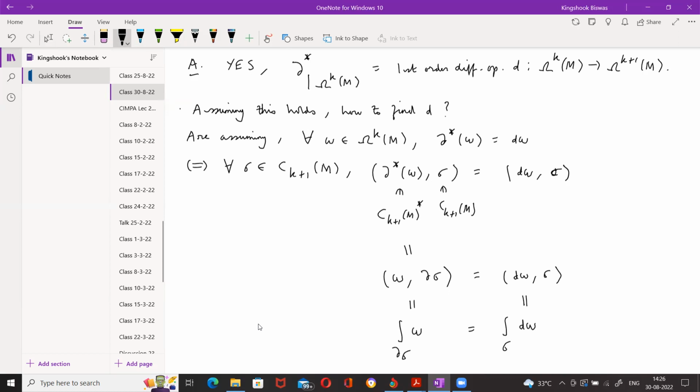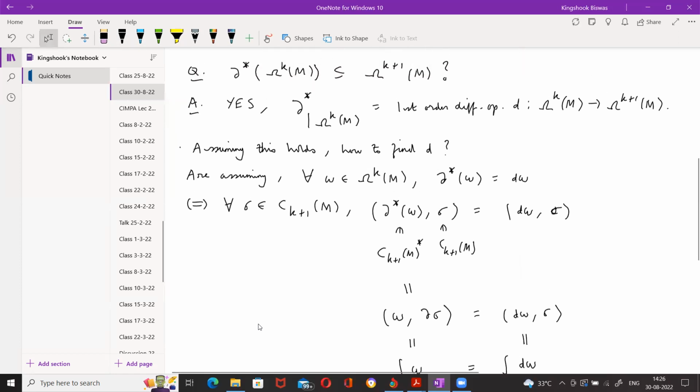This is Stokes' theorem. Stokes' theorem is basically nothing but a positive answer to this question: does the dual of the boundary operator send differential forms to differential forms? And all you're doing is identifying the dual of the boundary operator with a concrete differential operator D.